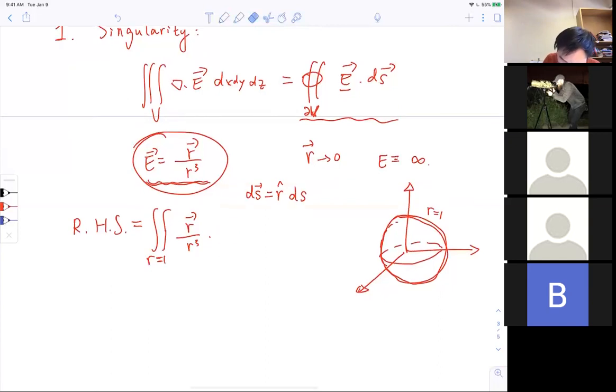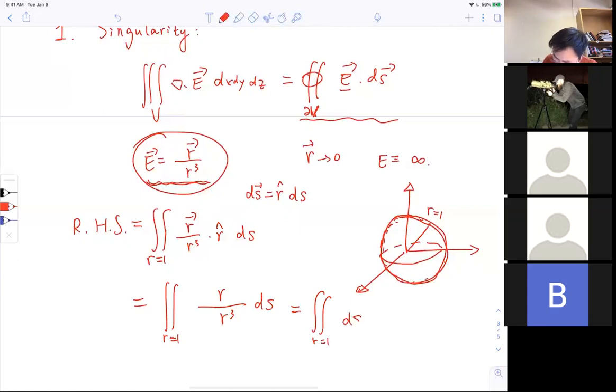So r hat dotted with the r vector just gives us the magnitude of this vector, which is r. We know that on this surface, all the points are at distance 1 from the origin, meaning r equals 1.